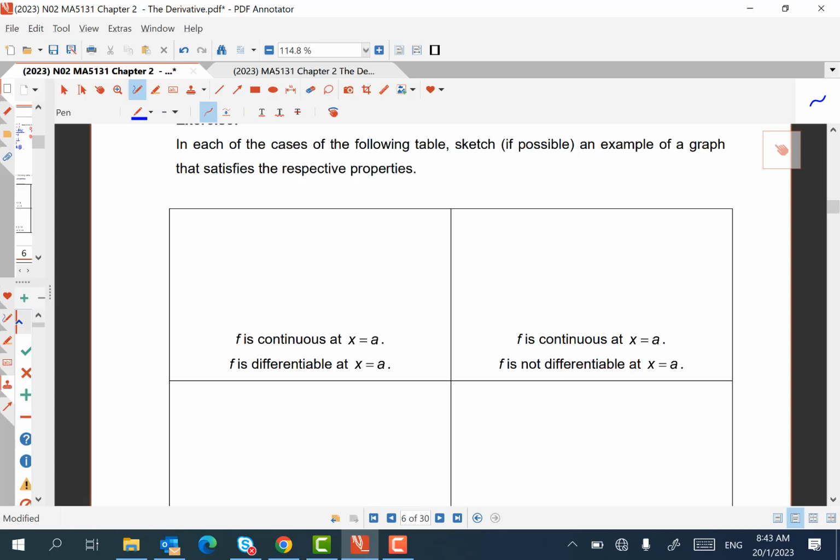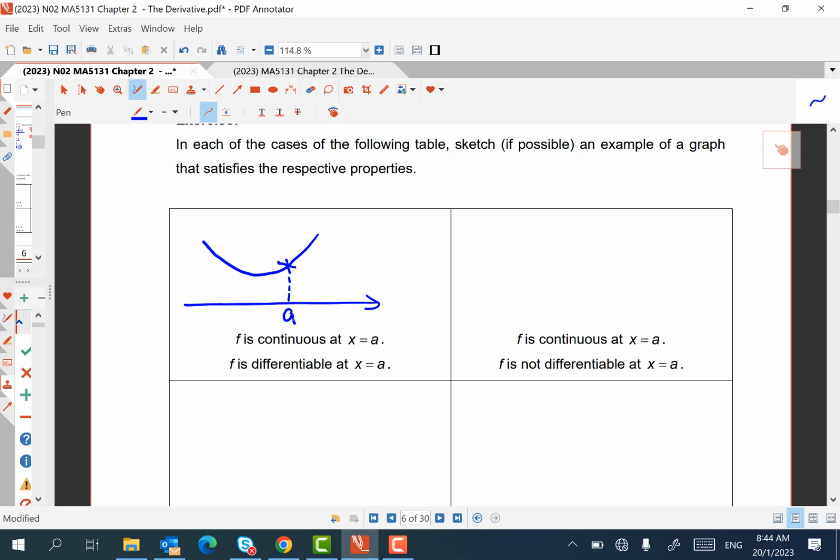So you can draw a graph that looks like this, like that. Say maybe there's a point A. It need not be at the turning point, as long as the graph is continuous and is differentiable.